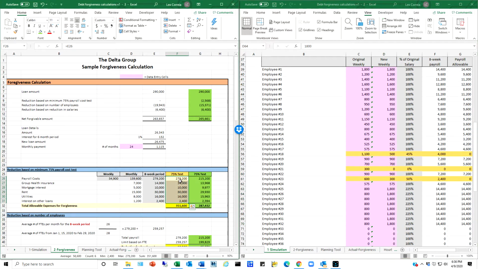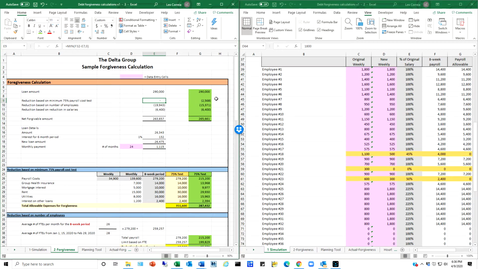So now as we look over here in the sample forgiveness calculation, we can see that our payroll costs have gone from $215,000 to $279,200. And because of that, these other expenses are allowable because before I was hitting the 25% cap and I couldn't allow all my expenses. Now that my payroll costs have gone up, these are fully allowable and my total forgiveness has gone up.